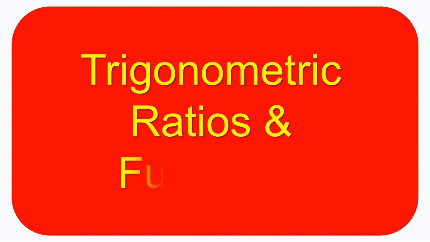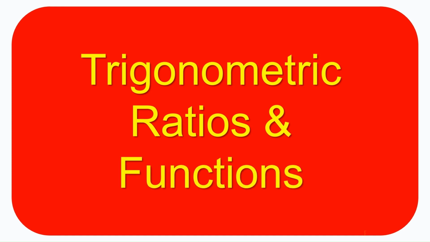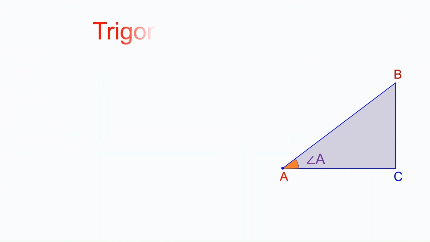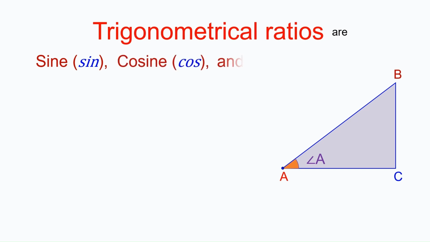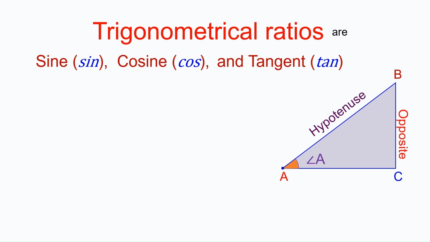Trigonometric ratios and functions. Trigonometrical ratios are sine, cosine, and tangent. In short, we write them as sin, cos, and tan.